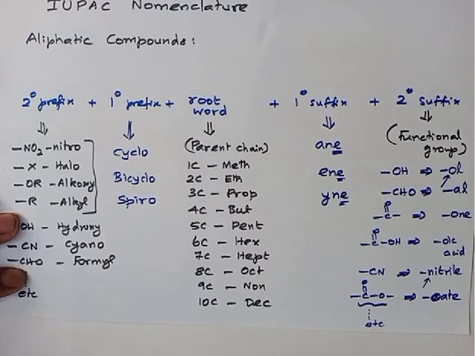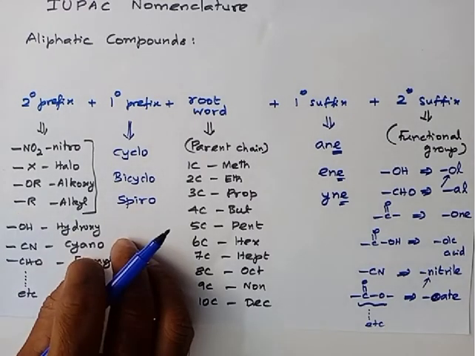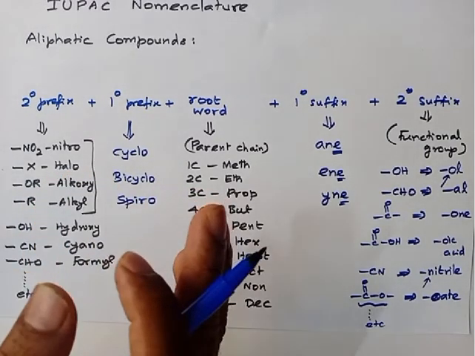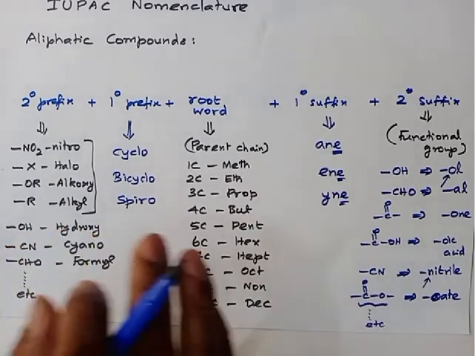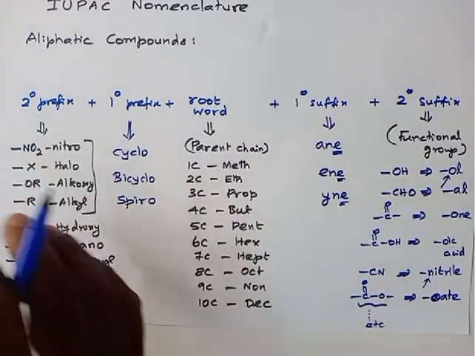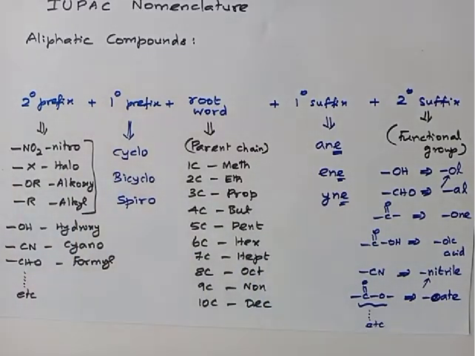On what basis do we fix one particular functional group as the functional group? For this, IUPAC has given a priority order for the functional groups. I am going to introduce the priority order now, and based on it we decide which is the functional group for the compound and which groups should be treated as substituents.